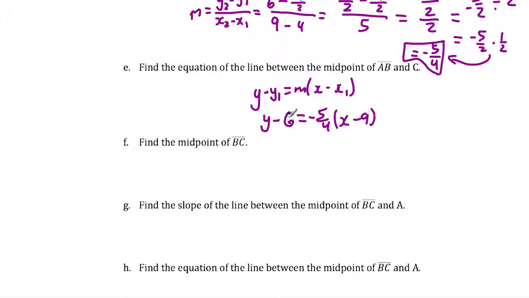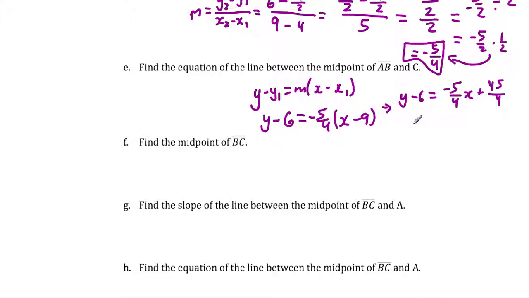Ooh, I ran out of room quickly. All right, so this is going to be really quick. y minus 6 is equal to negative 5/4 x. If I multiply, I'm going to get 45/4.